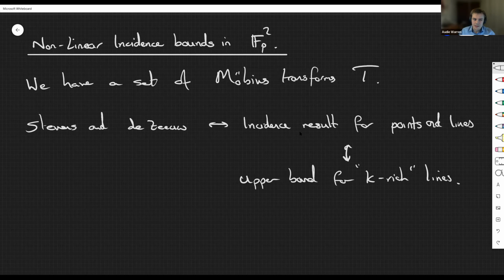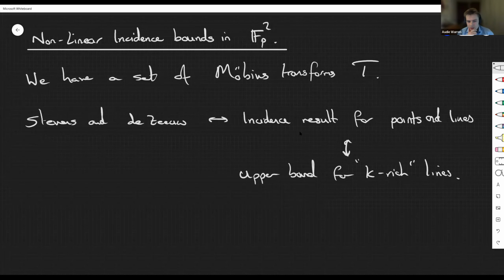So what does this mean? Well, if we have a line in the plane and we have a set of points, our line is called k-rich if it contains at least k of the points from our point set. So here, this line will be 3-rich. It has 3 points on it. It's also 2-rich and 1-rich, importantly.